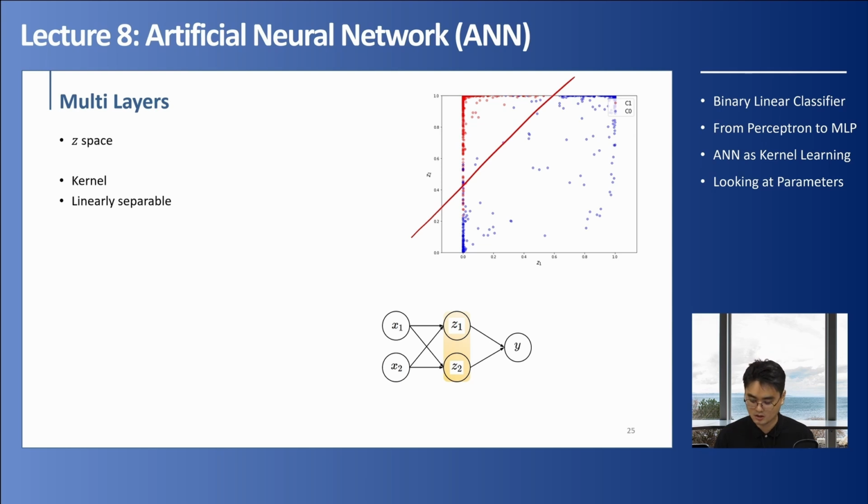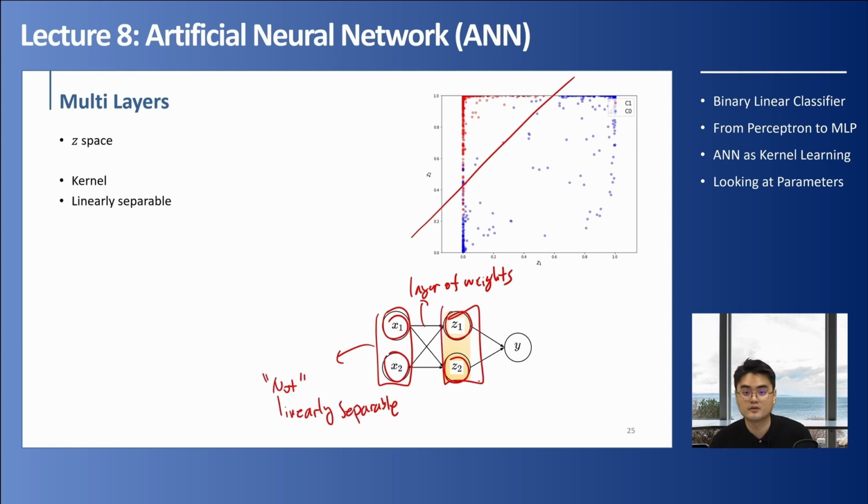I think that this could be classified with some good performance here. So this means that by transforming our input features using some layer of weights, we made input features that were not linearly separable into features of Z1 and Z2, which are linearly separable. So based on these Z1 and Z2, the only thing that we need to do is find these two weights and do linear classification.